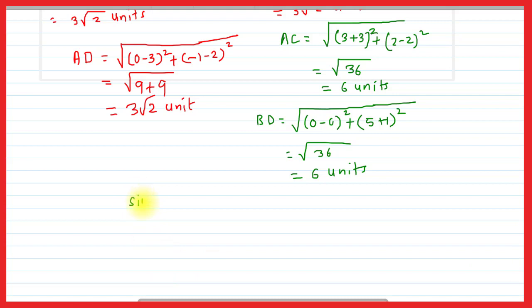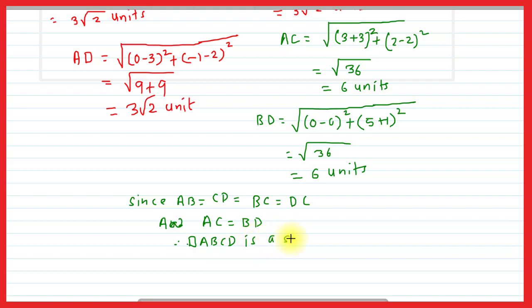And since AB is equal to CD is equal to BC is equal to DA, and also the diagonals AC is equal to BD, therefore quadrilateral ABCD is a square. Now let us move to the next question.